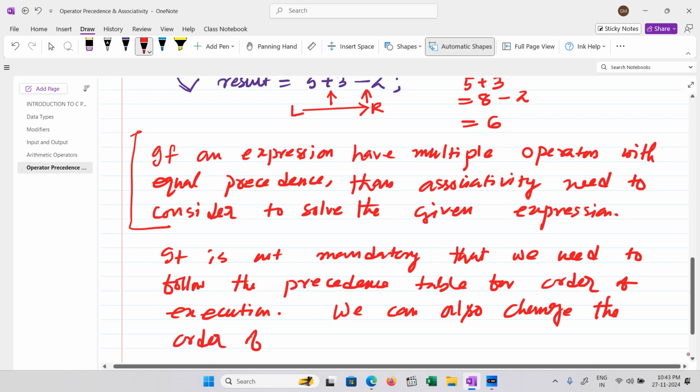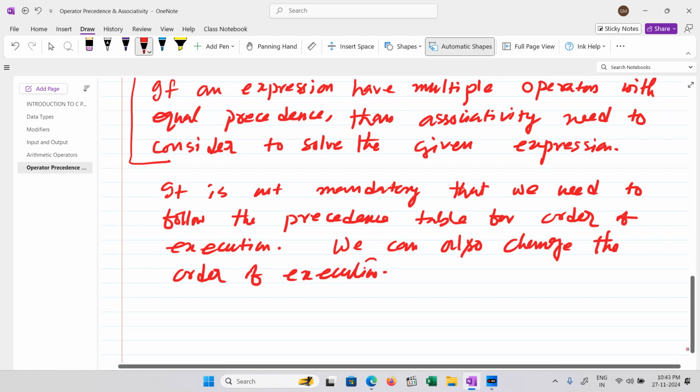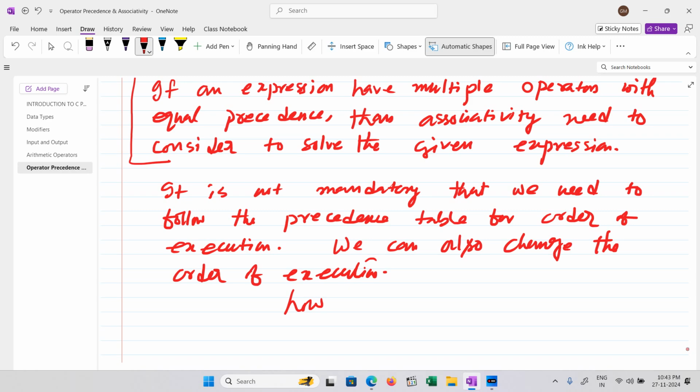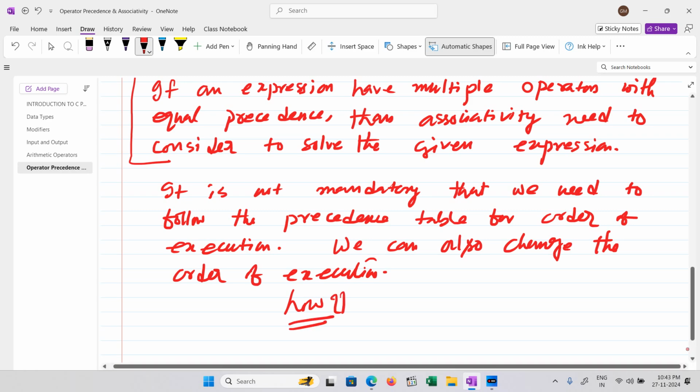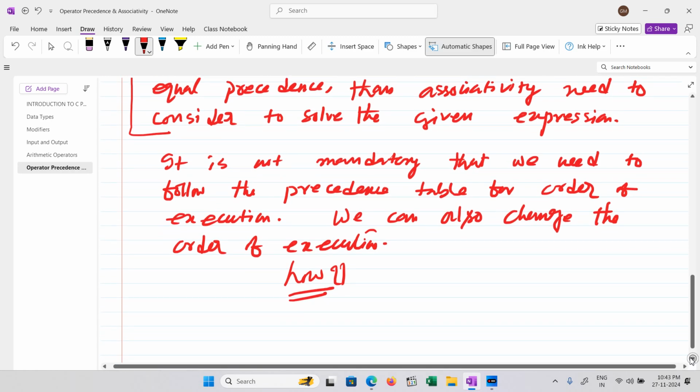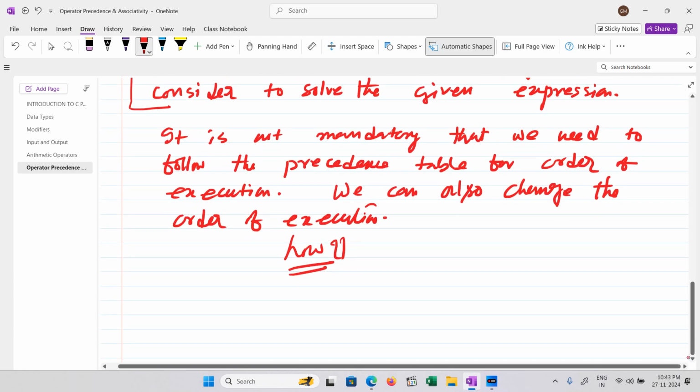Can we change the rules of mathematics, the BODMAS rule? No, we are not going to change those rules. The compiler also follows those rules. Based on our requirement, we can change the priority of a part of the expression by using parentheses like this.